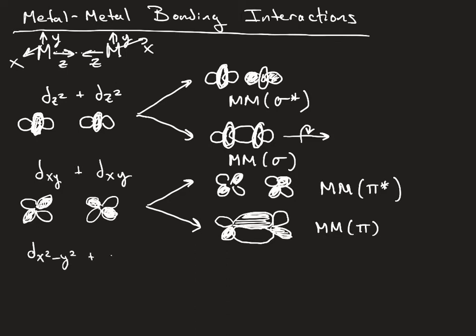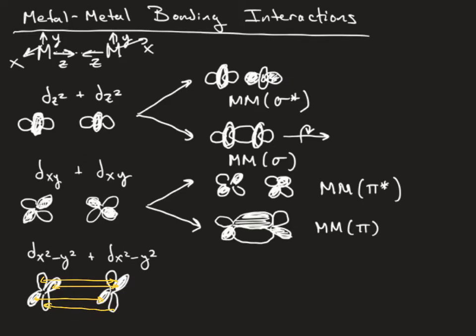Finally, we can look at a dx squared minus y squared plus a dx squared minus y squared coming in together. So, drawing these out, where we now have the faces of the d orbitals coming in contact with one another. So these lobes can all overlap, and we get a bonding and an anti-bonding combination.